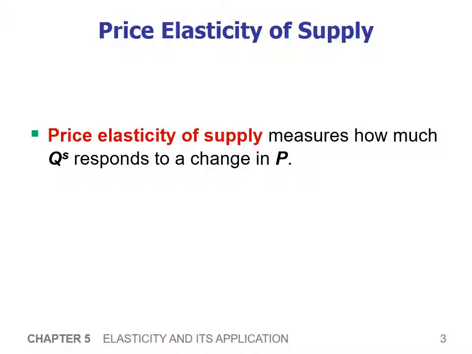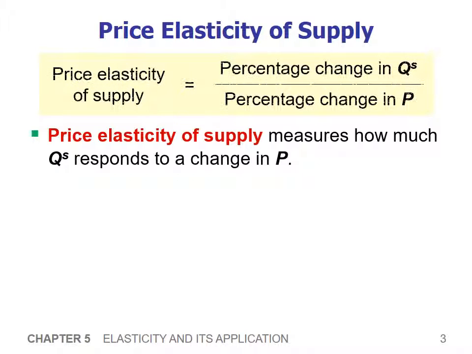Finally, let's move on to the price elasticity of supply. Now if you understand the concept of elasticity of demand, this should be very similar. This is quite analogous to elasticity of demand. It's just that now we look at the market from the seller's perspective.